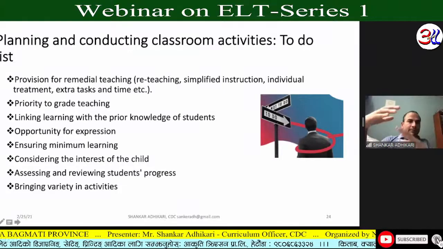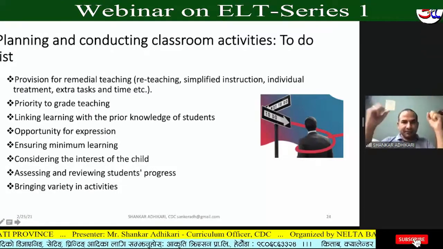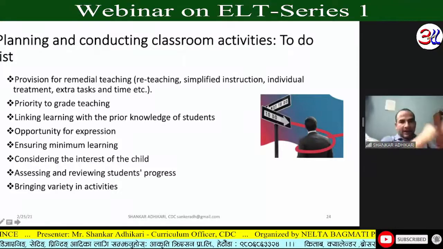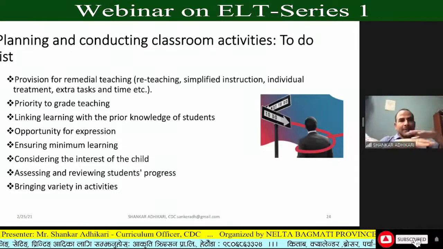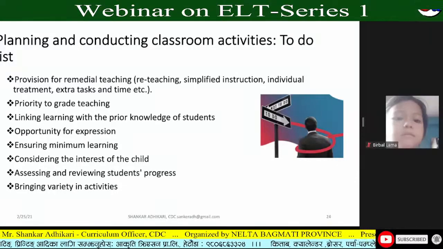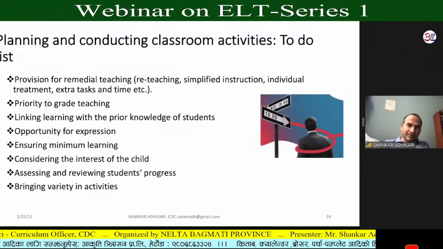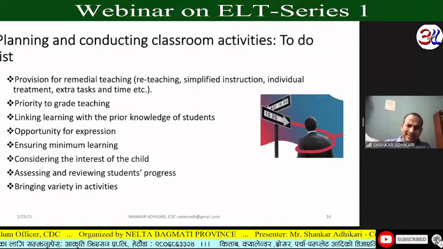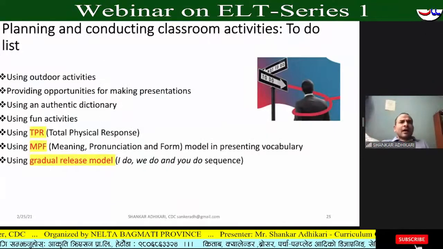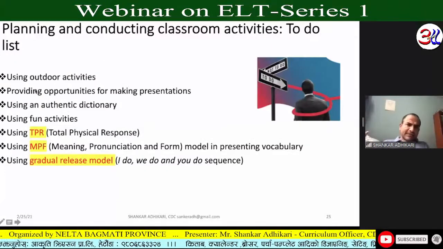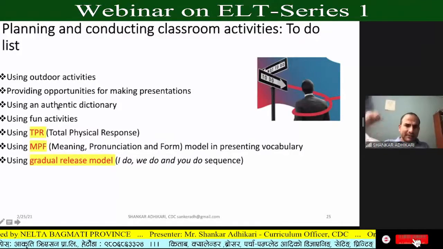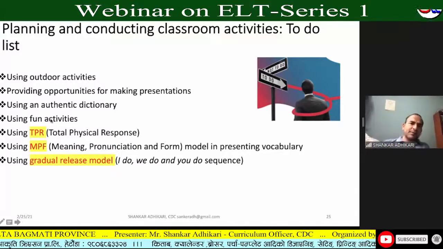Things that you should keep in mind: remedial teaching, great teaching, linking prior knowledge of students, building up, right? Minimum learning. So these are what you need to consider while teaching English. Sometimes you can use outdoor activities, fun activities, authentic material, give them opportunities.